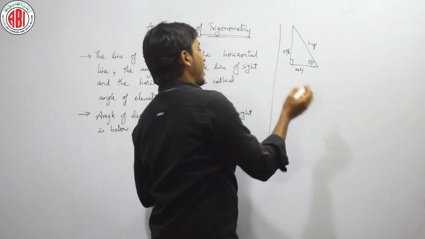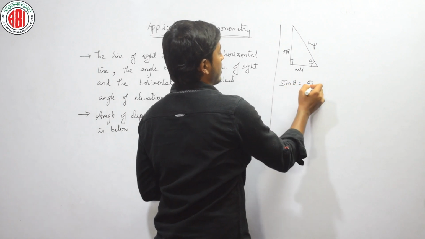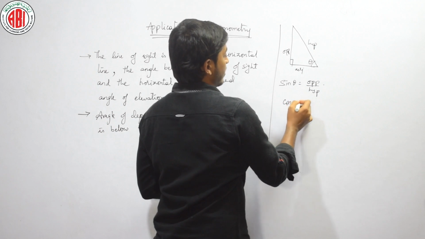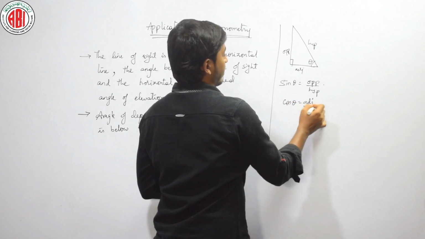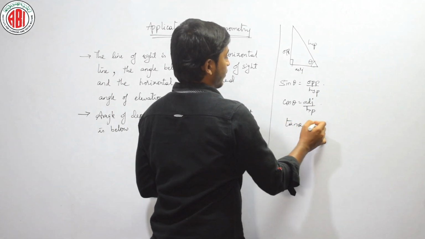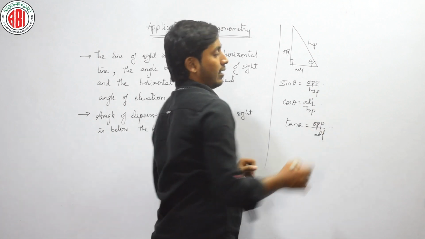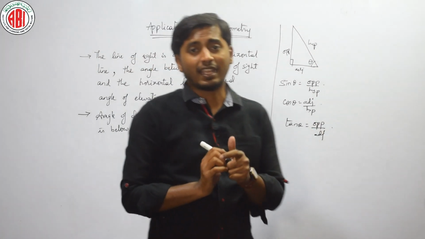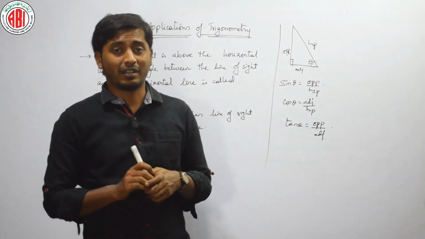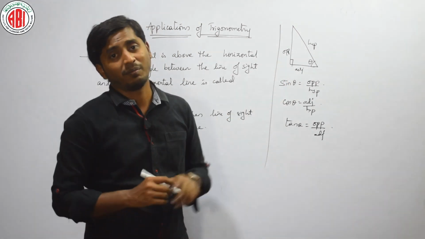What we have to remember for this chapter is, sin theta is always opposite by hypotenuse, cos theta is adjacent by hypotenuse, tan theta is opposite by adjacent, isn't it? Even if you do not remember cosecant, secant or cot, it is okay. These are the basic things which you have to remember for this chapter.